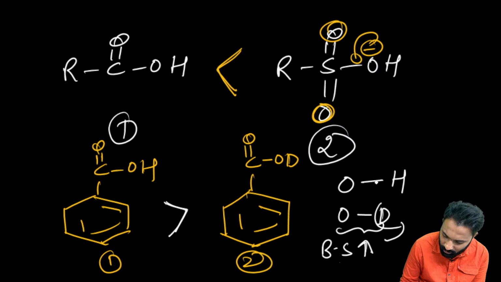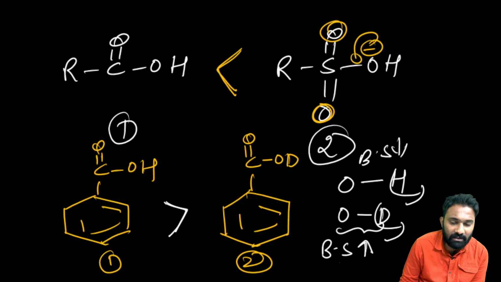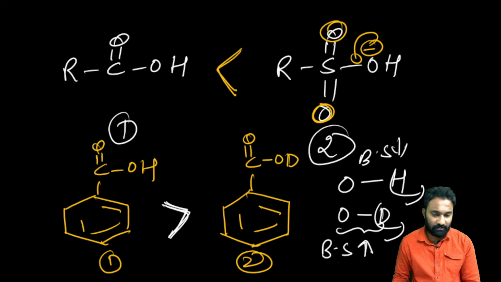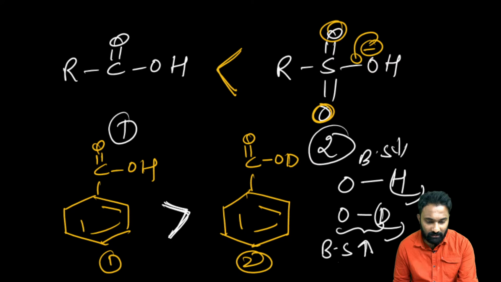Here the hydrogen bond strength is less, so due to the lower bond strength, this hydrogen will be given very fast. That's it. This depends upon the bond strength. Based on the bond strength, we have to decide which is more acidic. Done?